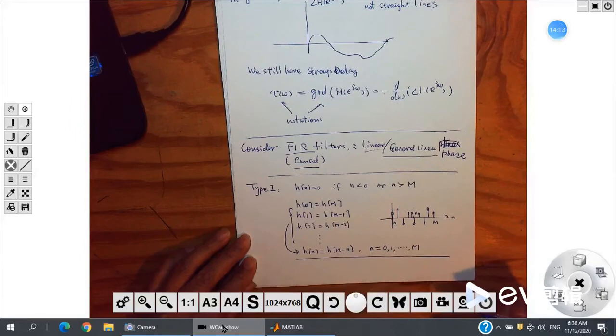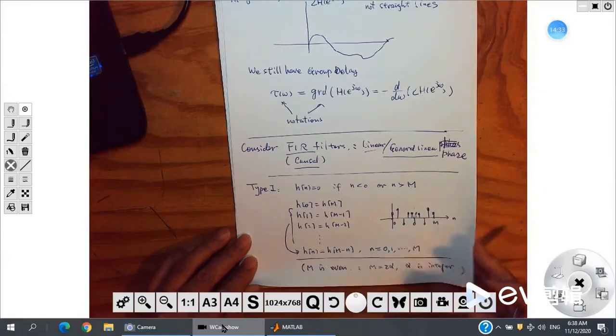We call this type 1. Here M is even; in other words, M equals 2 alpha, and alpha is an integer.